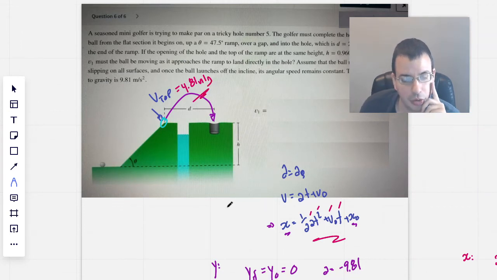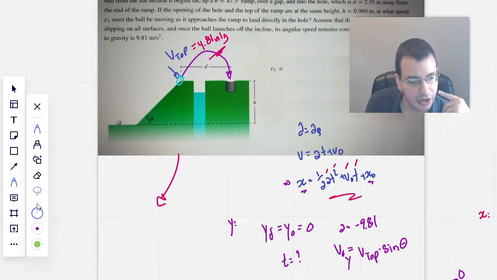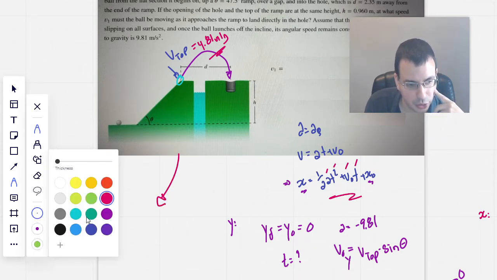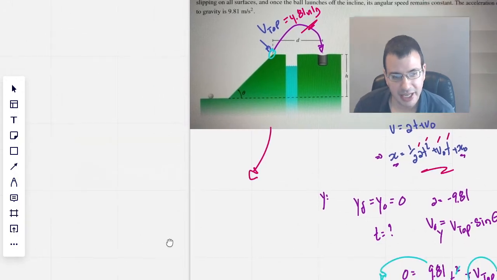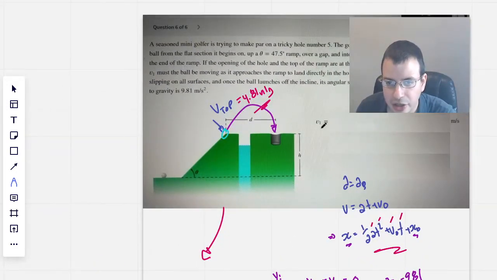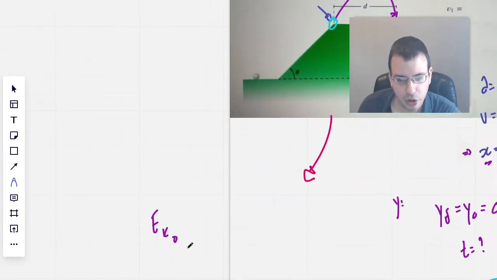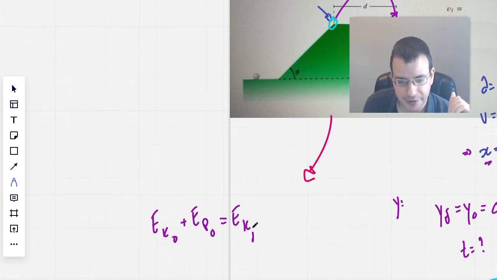Okay, so now we're going to do the second part of the problem, which is we now have an energy balance equation. So I'm going to say that energy kinetic initial, I'm going to use 0, and final, plus energy potential initial equals energy kinetic final plus energy potential final.